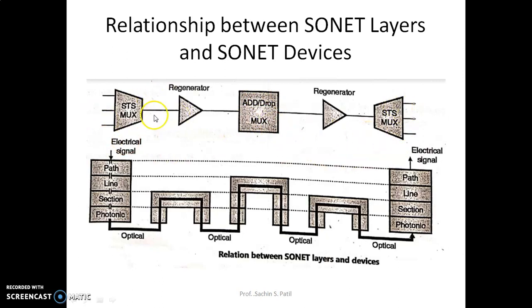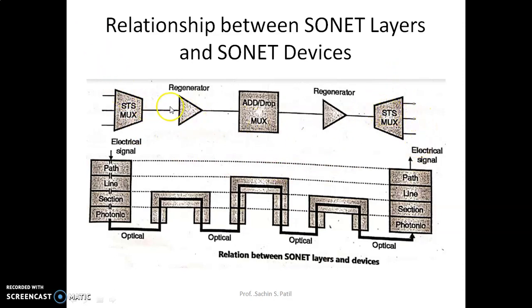The section connection is between two neighboring devices, the line connection is between two neighboring multiplexers, and this is again a line connection. A path connection is a connection between two entities, that is, the connection between the STS MUX and the STS DMUX.